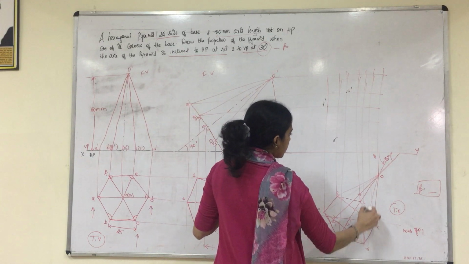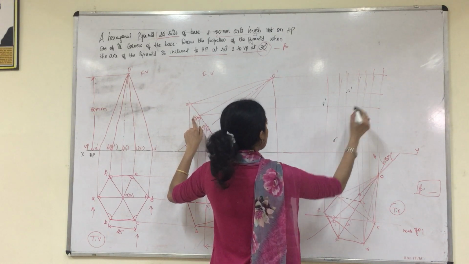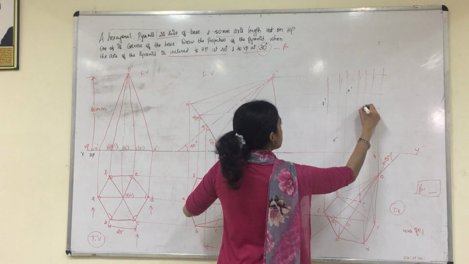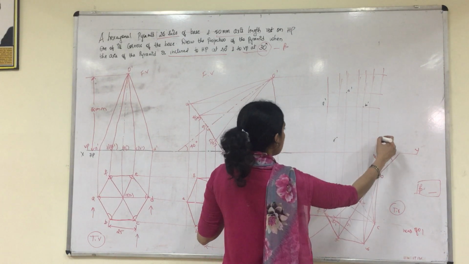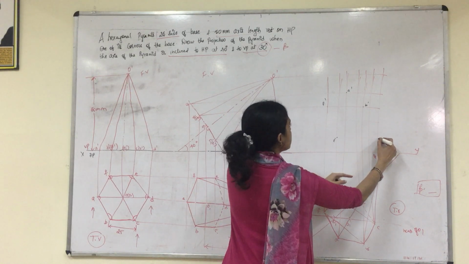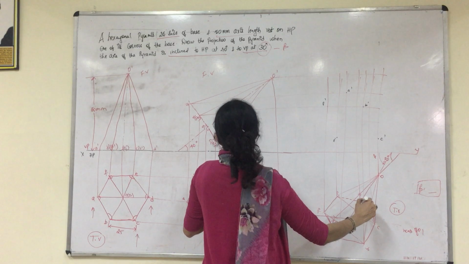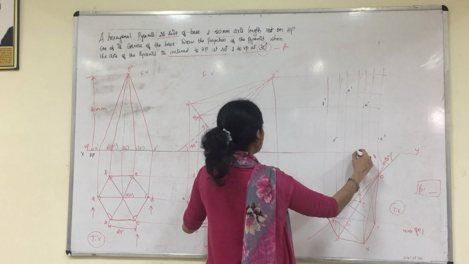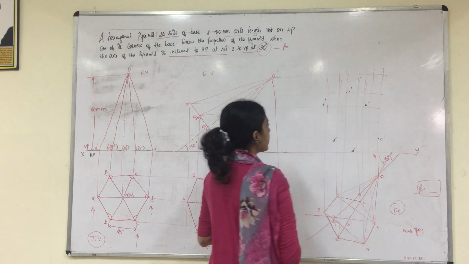Locus of B and B dash is here. So this is our B dash. Locus of C and C dash is meeting here. So this is our C dash. And locus of D and locus of D dash is meeting here. So this is our D dash.